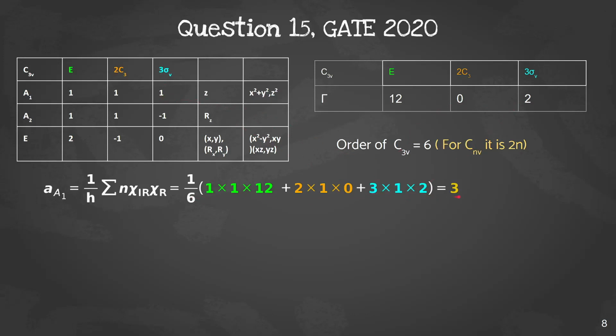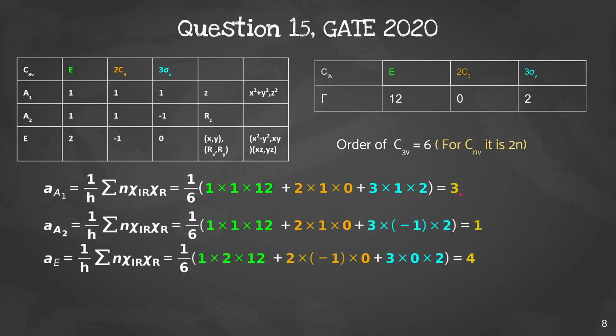If we sum it up, we find that A1 comes out to be 3. You can do the same and find the number of times A2 and E appear in the reducible representation τ. So τ can be written as 3A1 + A2 + 4E.